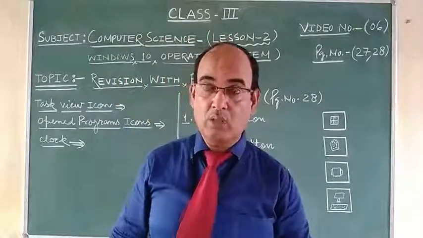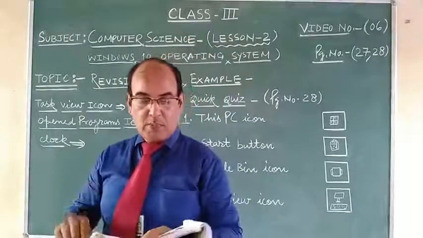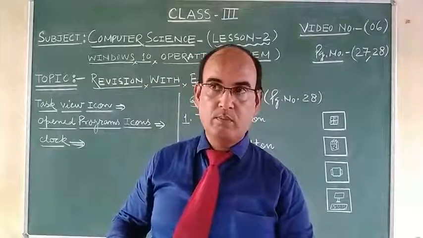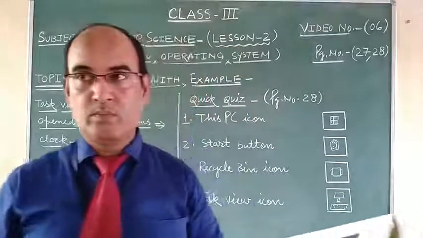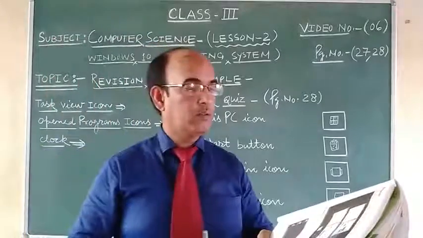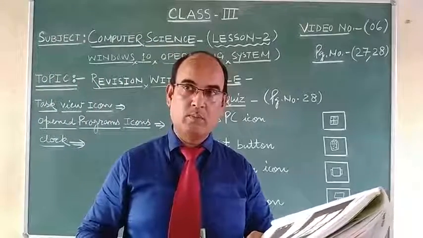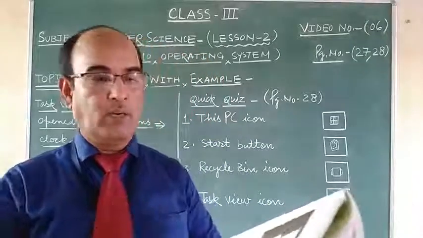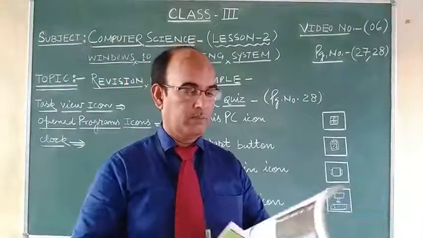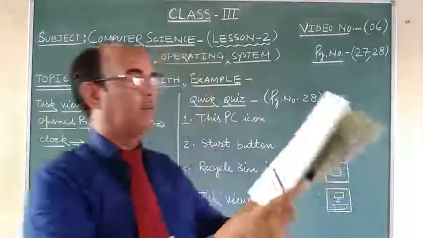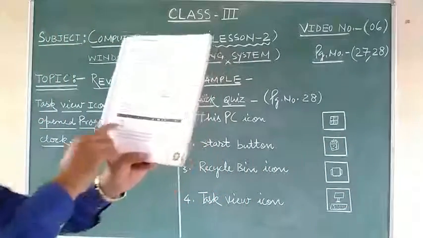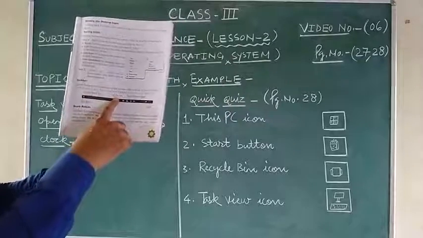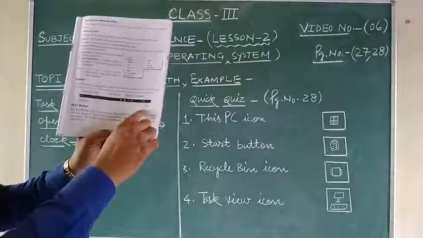Next, clock. This displays the current time and date. Where can you see the clock? On the taskbar, you can see it here. On page number 25, you can see the start button, Cortana search box, task view icon, open program icons, and clock.